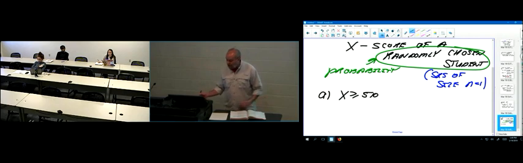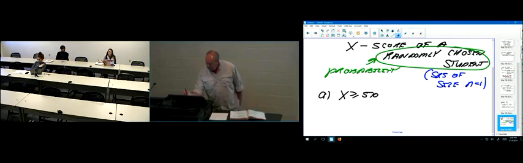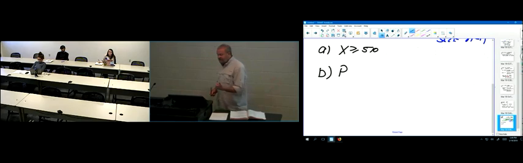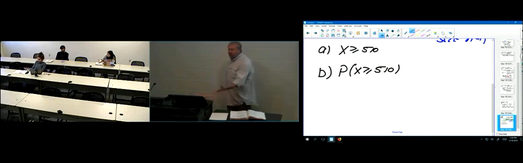And then in part B they want the following. In part B, we want the probability. Big capital P stands for percentage, proportion, probability of that event. So I want the probability that that randomly chosen student's score is 510 or higher.